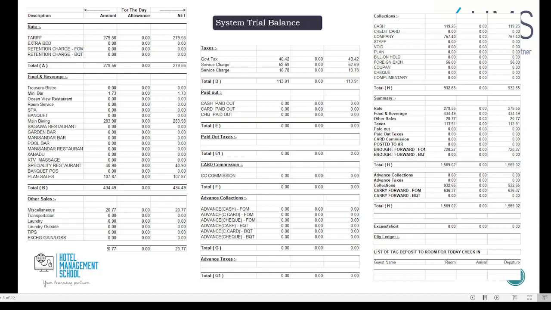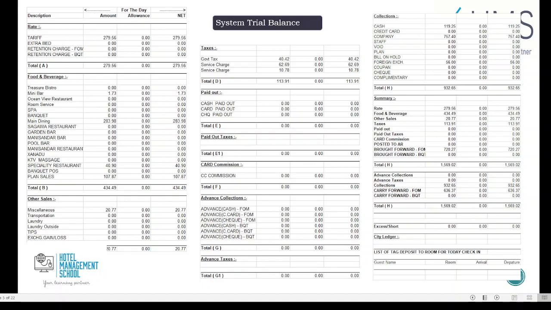So that is important. And then after that there is a summary of all the things, where you will see a total of 156902. 156902 means the revenue and the collections have to match together. So it is important for the income auditor to make sure that this trial balance is always in sync.